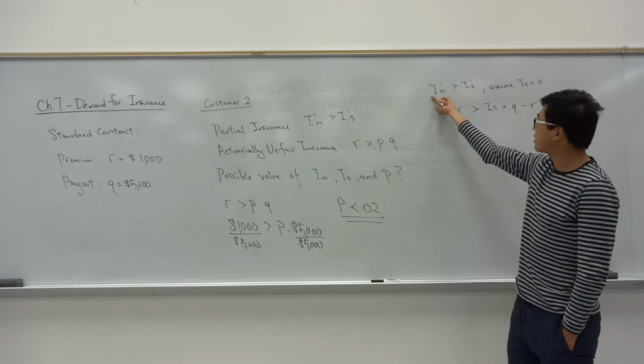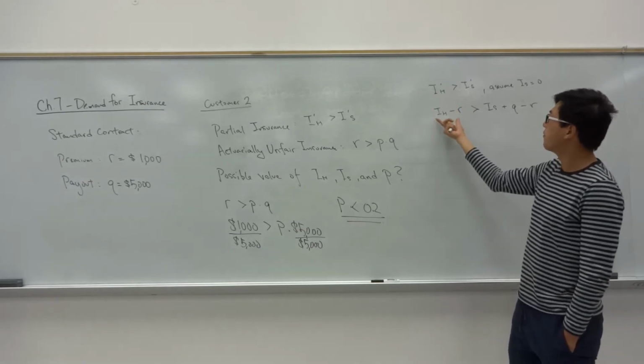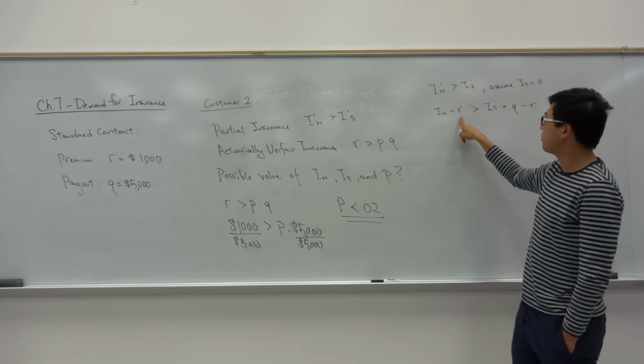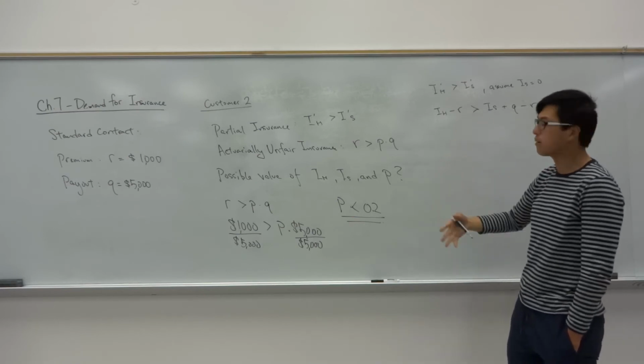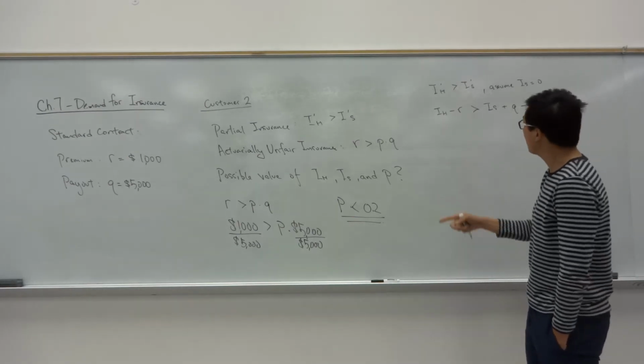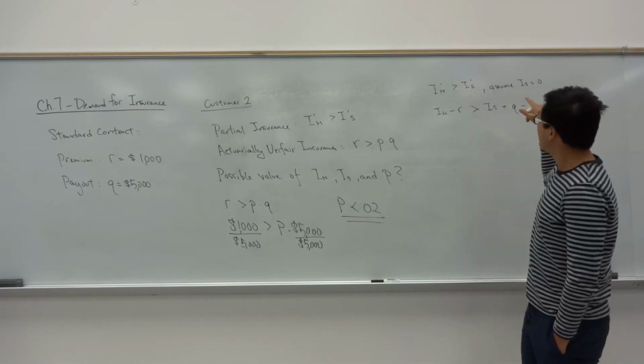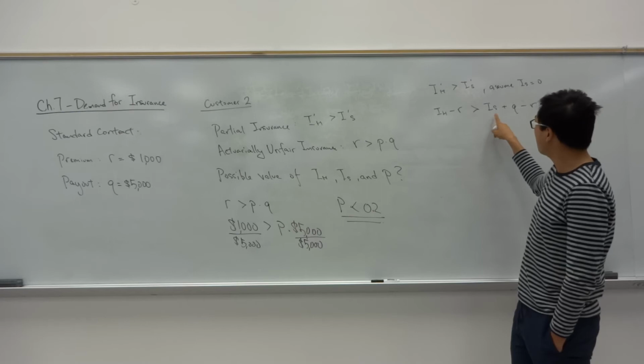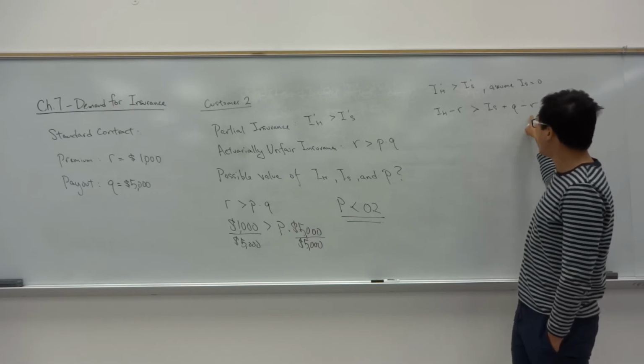So we can rewrite the healthy income with the coverage as the healthy income minus the premium he's paid and nothing he's getting back if he stays healthy. And it's greater than the sick income with the health coverage, which is the sick income plus Q minus R.